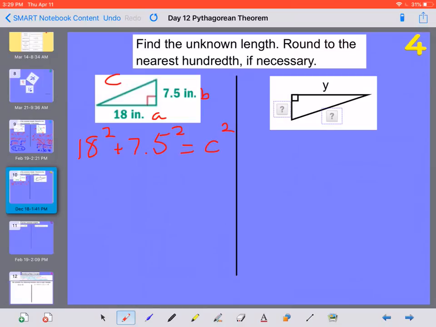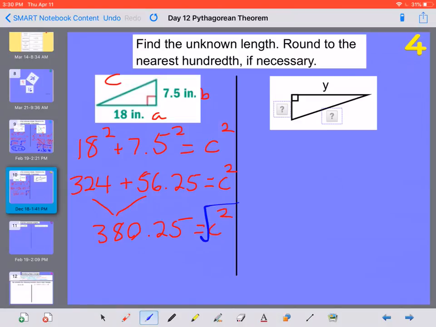So if we do 18 times 18, we get 324 plus 7.5 times 7.5, we get 56.25 equals C squared. So if we add these two together, we get 380.25 equals C squared. Find the square root.